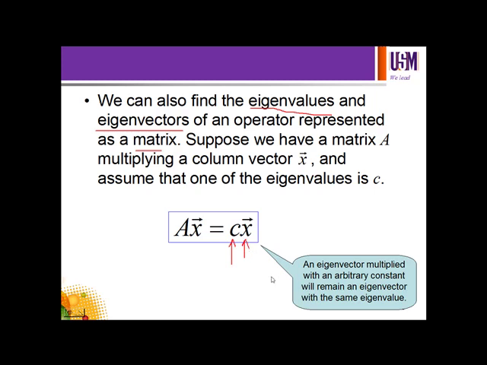Anyway, vector, space vector and function have some relationship. So A here is the matrix. In the Schrodinger equation, usually that place is used by an operator. That's why we have this sentence here: we can also find eigenvalues and eigenvectors of an operator. So the operator is represented by a matrix.